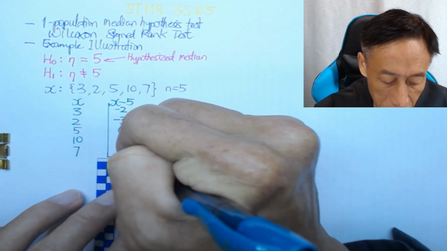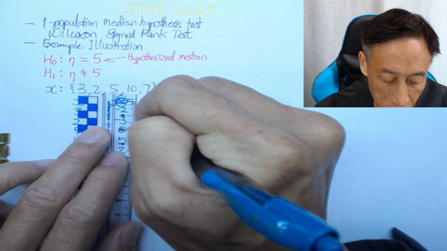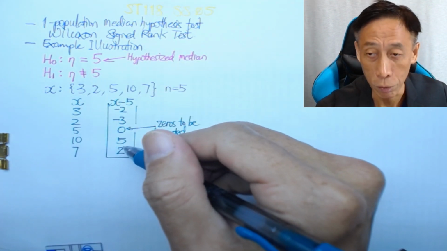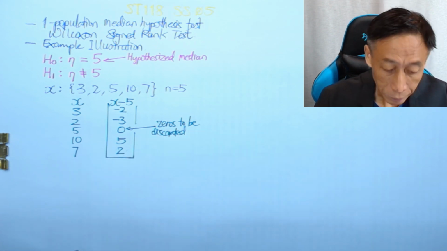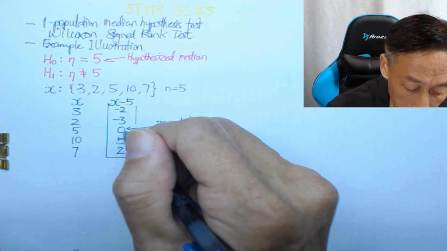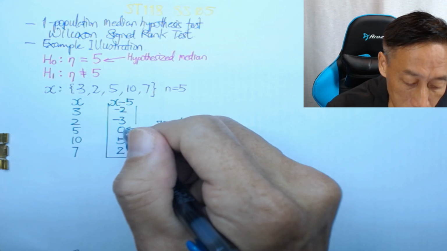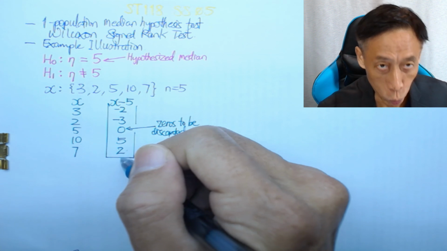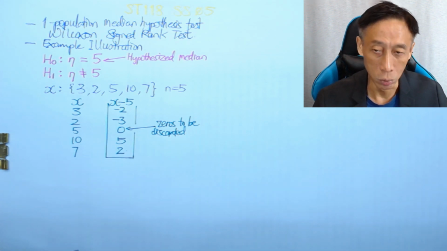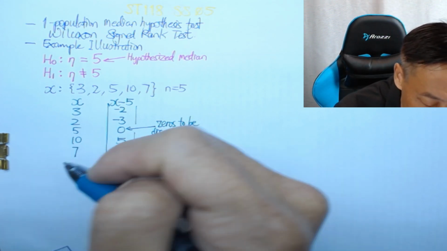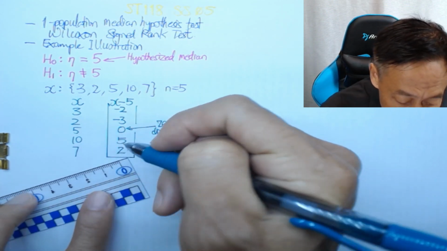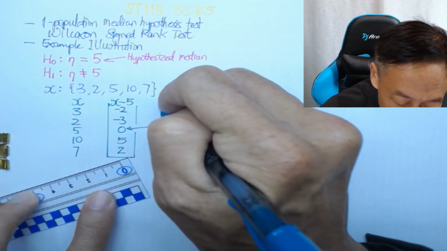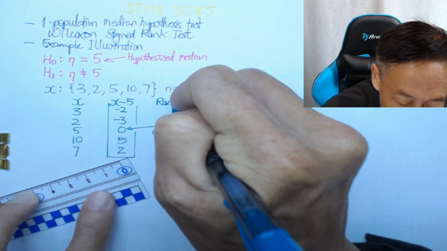Now, if the hypothesized median is not 5 but 0, then we'll go directly here, so we don't have to subtract anything. In this case, our data will just be -2, -3, 5, and 2. All right, so we can start to rank them.